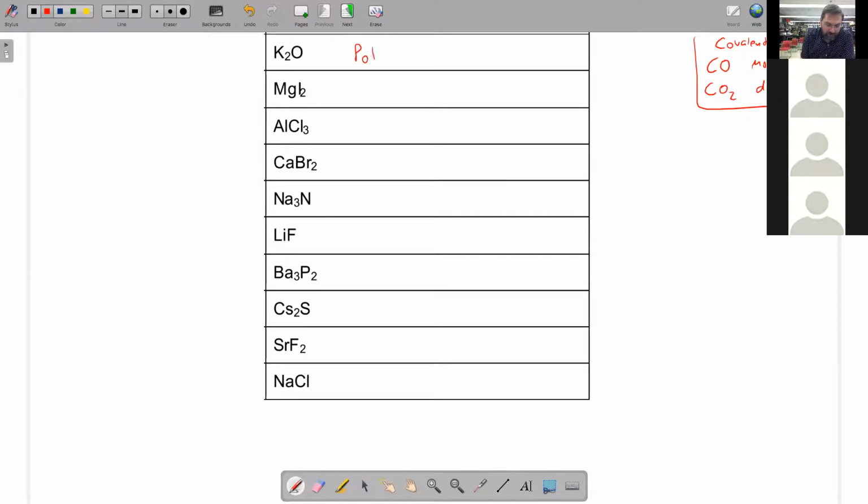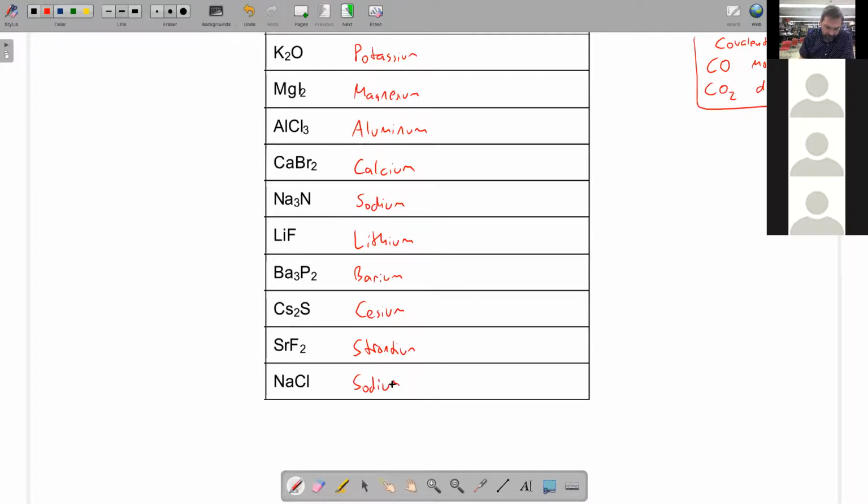So K is just potassium, Mg is magnesium, Al on the periodic table is, got ahead of myself, is aluminum, Ca is calcium, Na is sodium, Li is lithium, Ba is barium, Cs is cesium, Sr is strontium, Na is sodium.